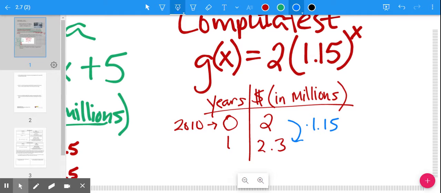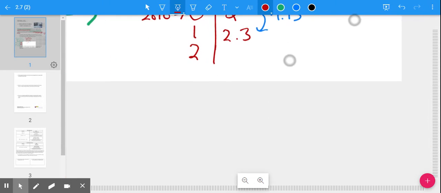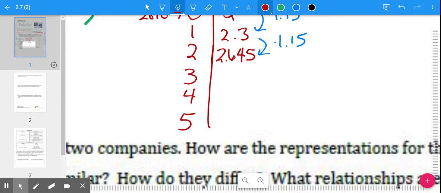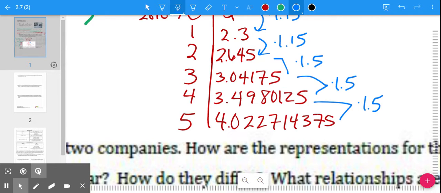So then we can do it again to find out at the end of the second year how much money they have now, which would give them $2.645. And you can just continue multiplying by 1.15 until you get several values in your table. I'm going to go all the way up to 5, just like we did with Calcurama. And that's what our table will look like.